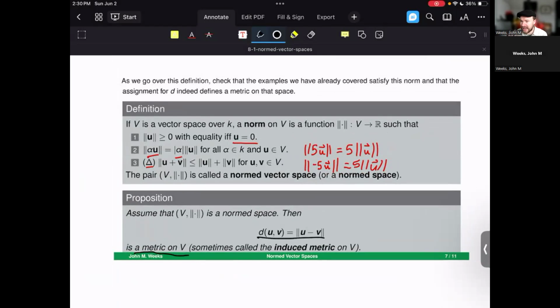I believe our reading is going to have an actual step-by-step proof of this. But the main point is making sure that it satisfies 1, 2, and 3. I think it might be a good challenge, even if you haven't had the chance to read through it yet, to try this yourself. Can you say that this is always going to be a metric, in the sense that it satisfies the 3 conditions of a metric that we were given before, given that it satisfies these 3 conditions here?